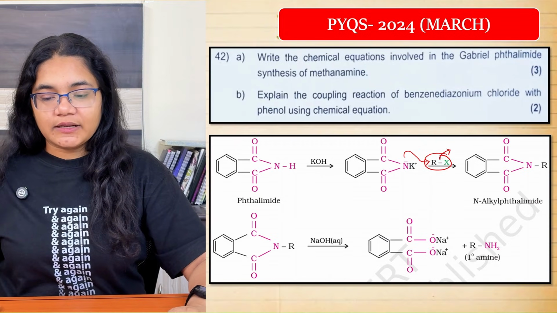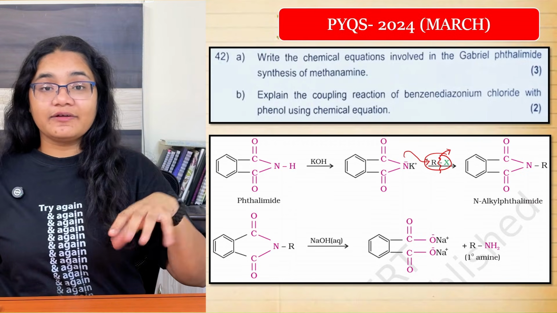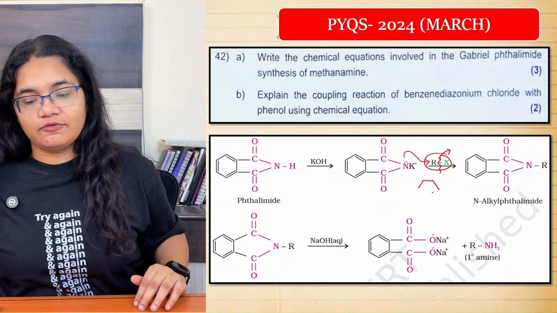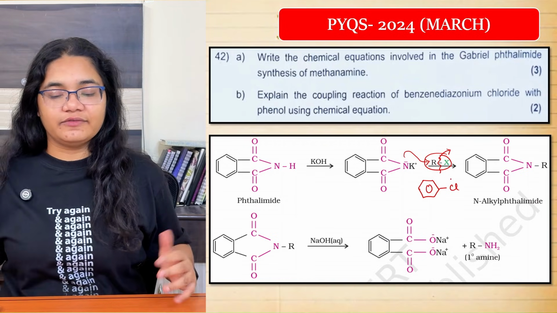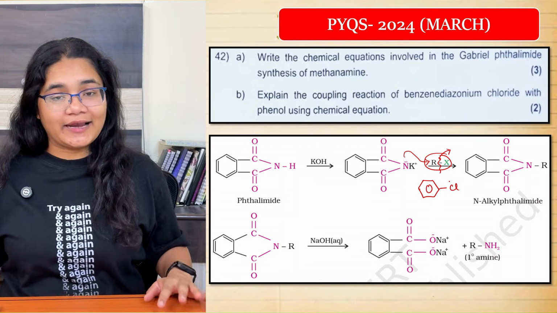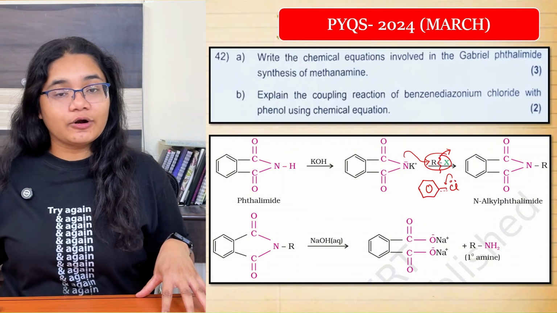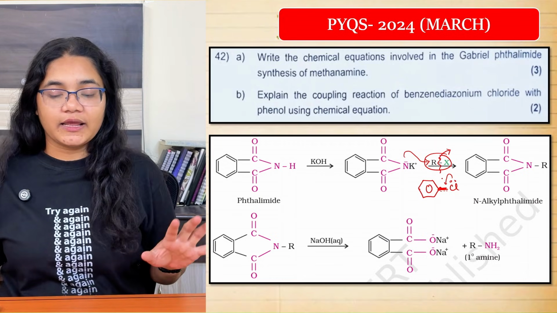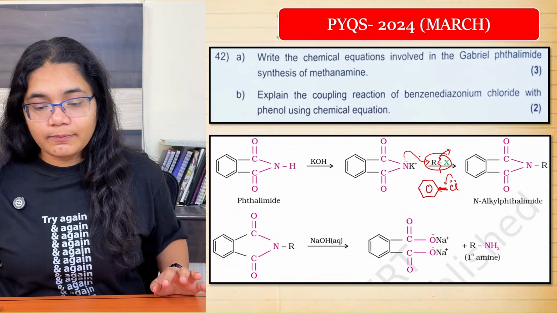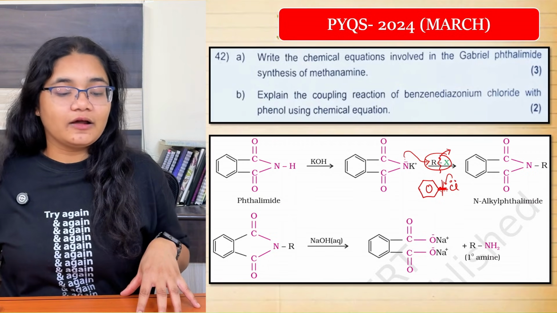So the R-X bond should break. If you have an aryl halide in place, for example chlorobenzene, we have studied in the haloalkanes and haloarenes chapter that this bond has partial double bond character. It is attached to an sp2 carbon, so this bond will not break. That means the nitrogen lone pair cannot break this group, and that is why we cannot produce aryl amines using this particular method.